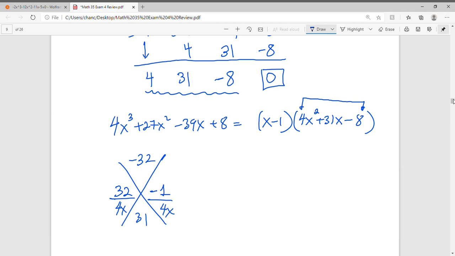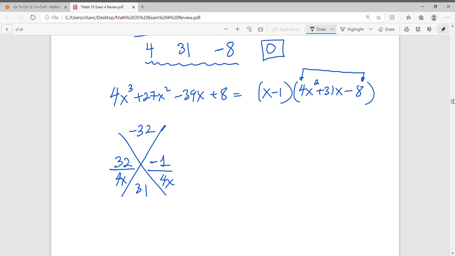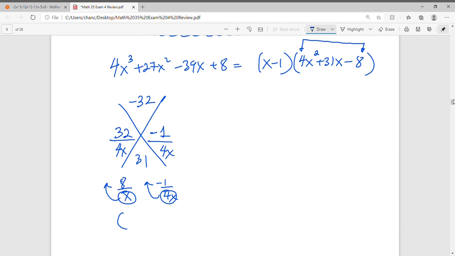I'm going to use the bottoms up method here, and that's to divide both of these by 4x, and then we'll reduce to lowest terms. This reduces to 8 over x, and this one is still negative 1 over 4x. We'll bring the bottom up here, and so this factors as x plus 8 and 4x minus 1. Again, you could factor this many different ways.